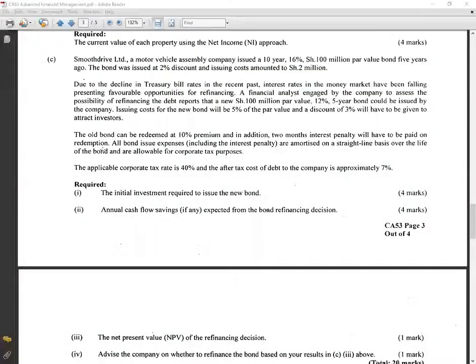For the old bond, look at, for example, this issuing cost, 2 million, of which I'll be amortizing every year. And by the time I'm bringing this old bond, I'll already have eaten 5 years. I'll have amortized this thing for 5 years. So then it means it's 50-50, amortized 50% and unamortized 50%. That's how I was able to get that to 111.